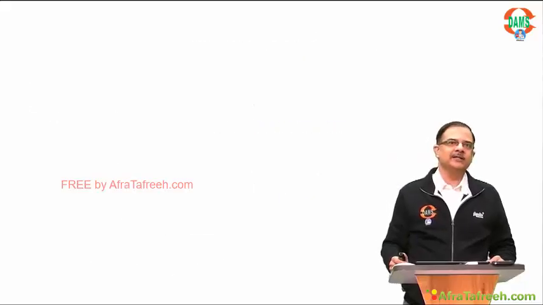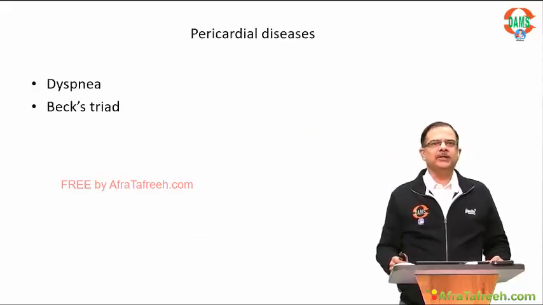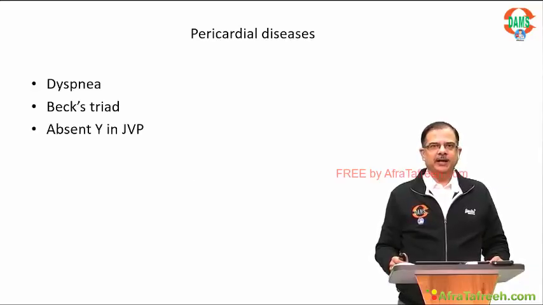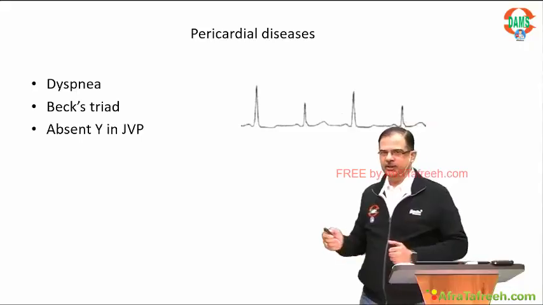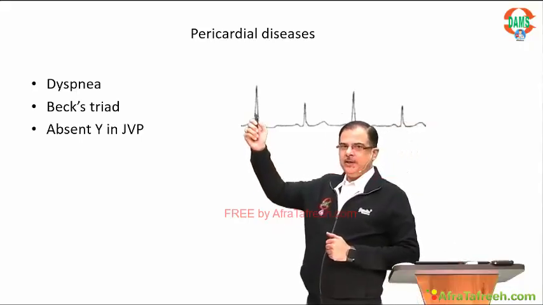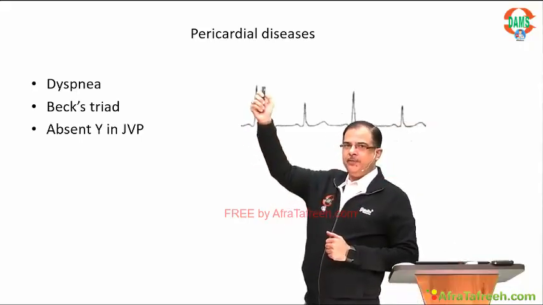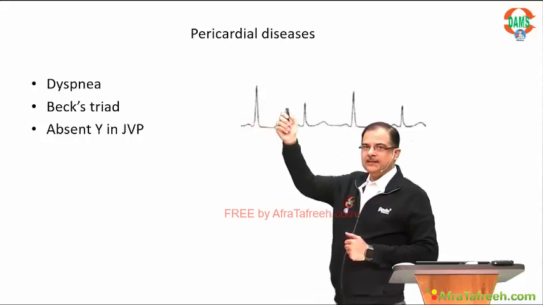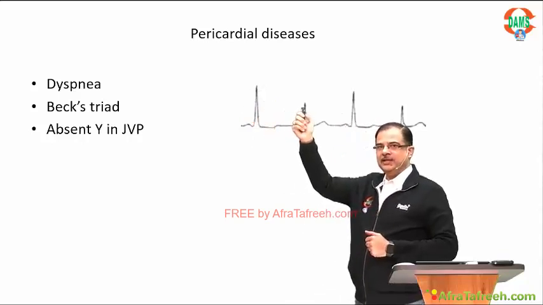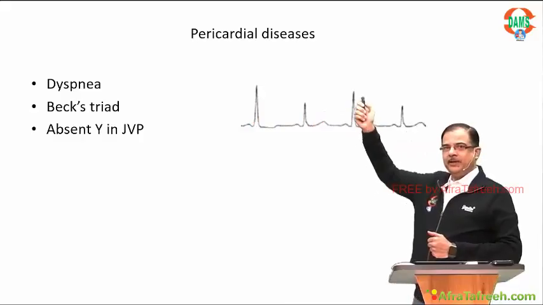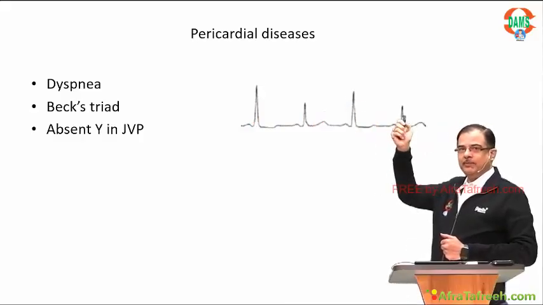Now identify the second one. The patient has dyspnea, Beck's triad is present, and an absent Y descent in the JVP. When we do the ECG, this is the ECG which is present. So in this ECG, what exactly is happening? First the QRS amplitude is slightly more, the second QRS amplitude is less, then a high amplitude QRS, then a low amplitude QRS.